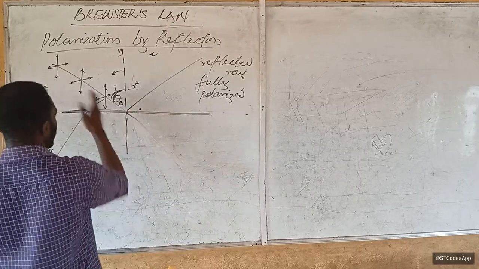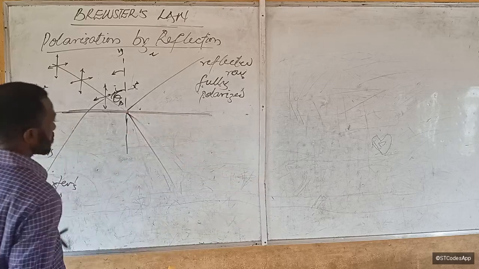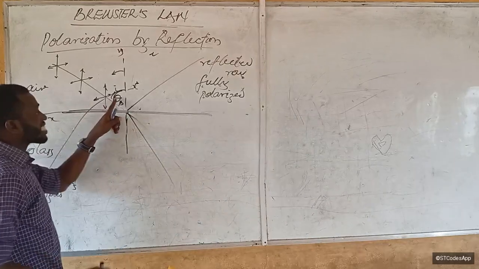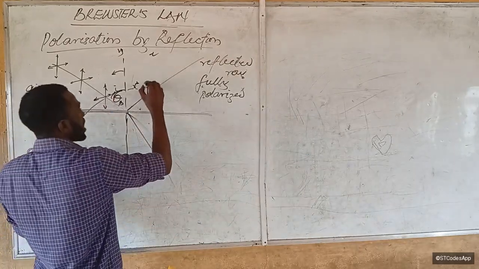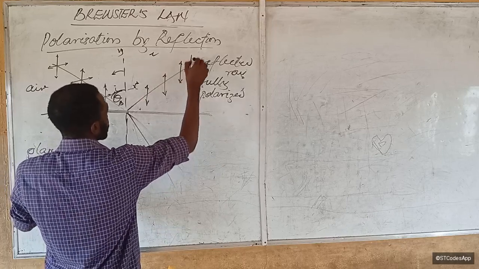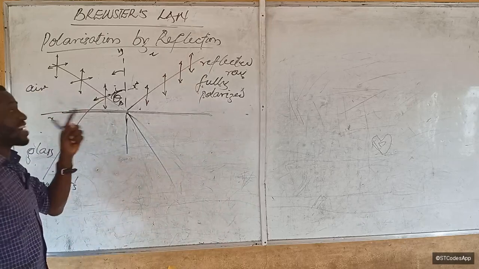Refraction should not go straight, it should bend. So experimentally, it has been seen that at this Brewster's angle, the reflected wave consists of a fully polarized wave.